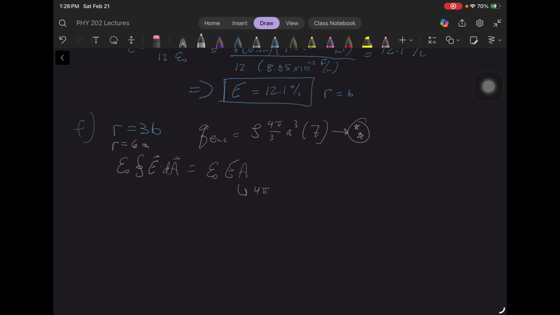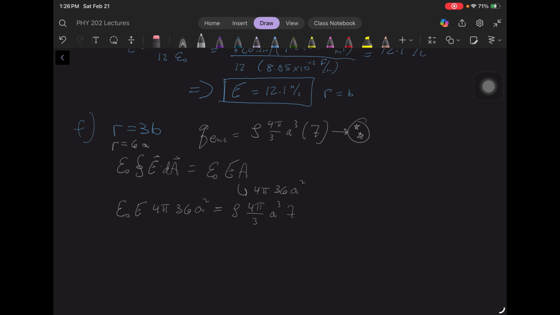So r squared is 36a squared. And so we get the left-hand side turns into epsilon naught E times 4 pi 36a squared. And we set that equal to double star, which is rho times 4 pi over 3a cubed times 7.